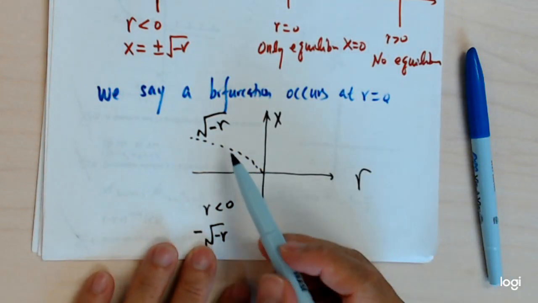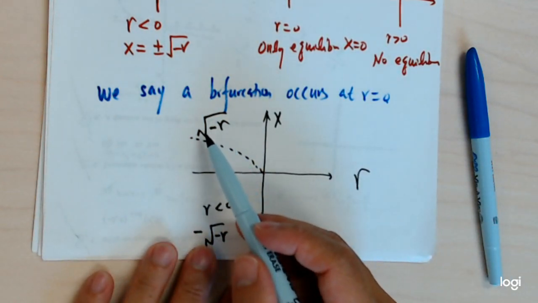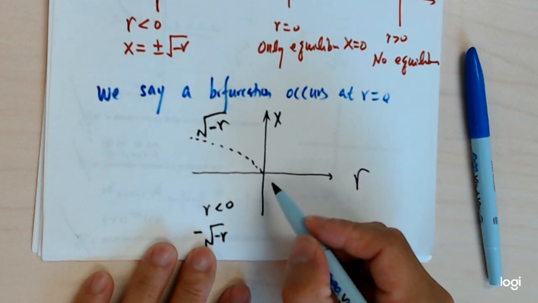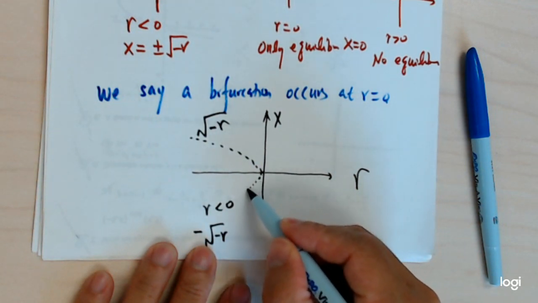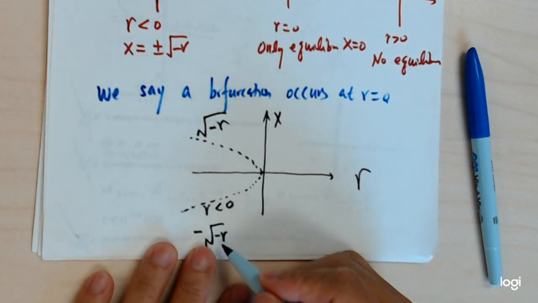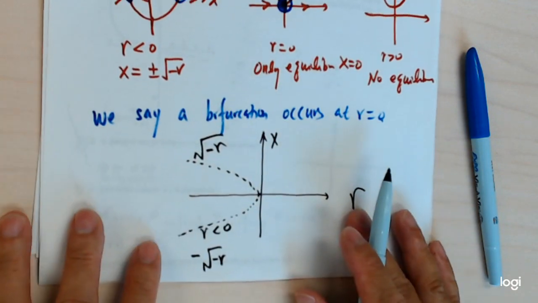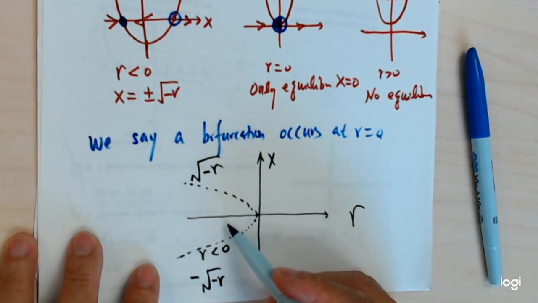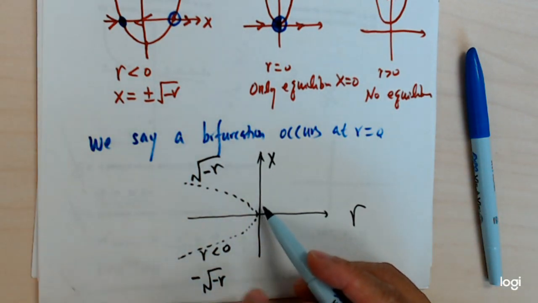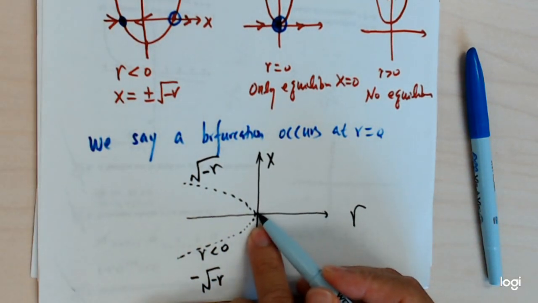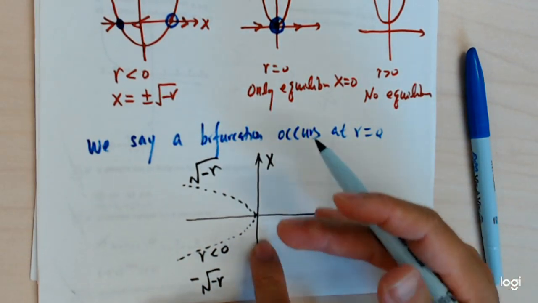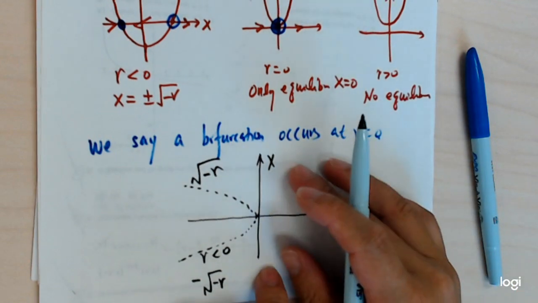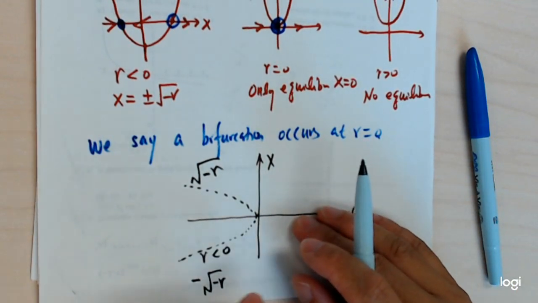This is the upper branch of equilibrium, positive square root of negative r, and below, you have negative square root of negative r. So there are two equilibria for negative r. When r is 0, there is one equilibrium. When r is positive, there is no equilibrium, so there is no curve on the right side.